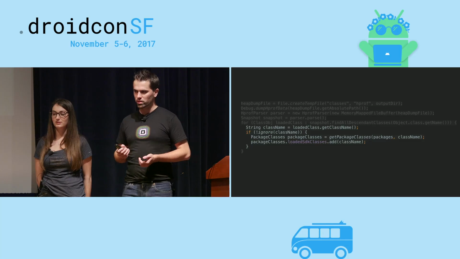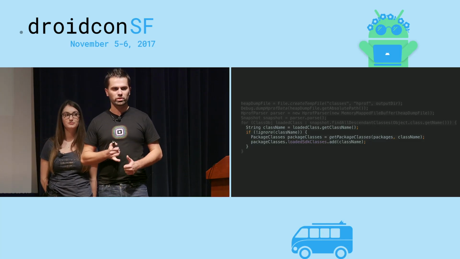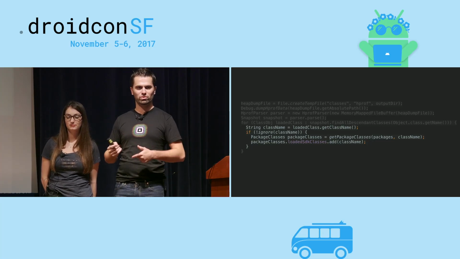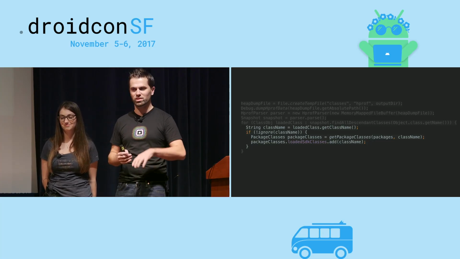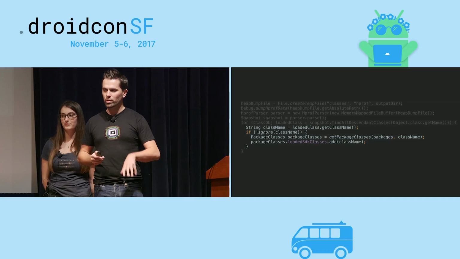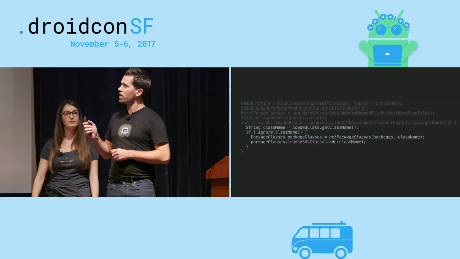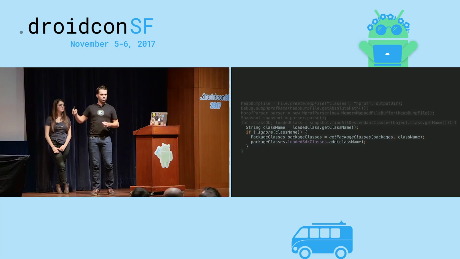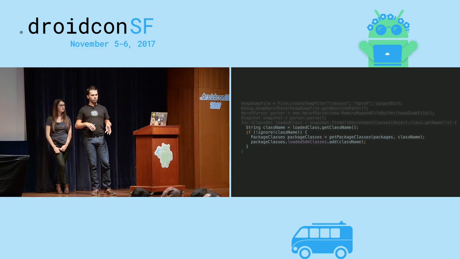Now there's a bit of a trick here. The first is we don't care about all classes. Some of them are the classes of the heap dump parser. So we don't want to know that we just loaded the classes for the heap dump parser. That's noise we don't care about. But also, the heap dump is going to contain all classes from our dex and also the classes from the Android SDK that were loaded.